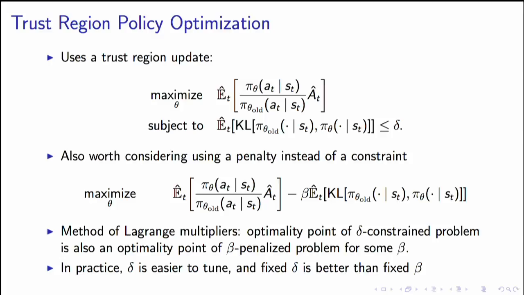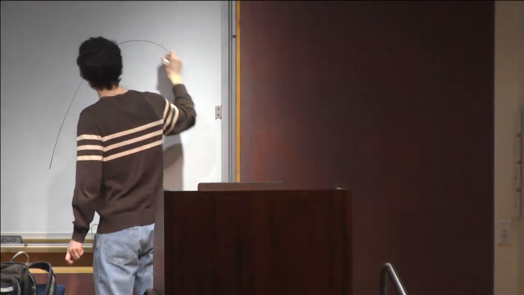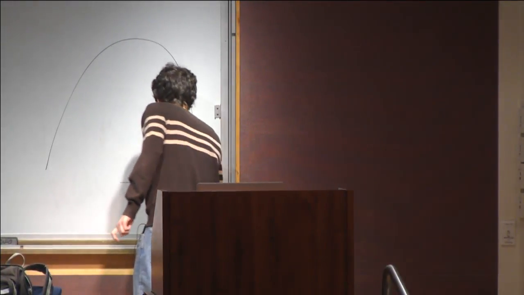But actually, I think the nice thing here is the idea of the theory behind TRPO. You can think of it as a minorization maximization algorithm. So let's say, in 1D, here's your parameter theta.